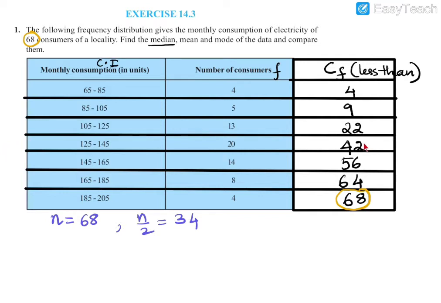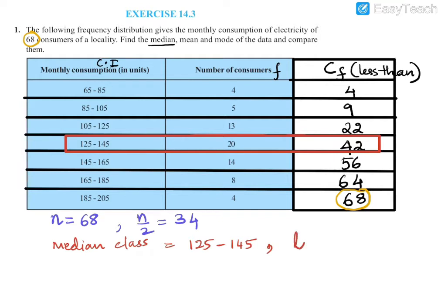So that is 42. So the median class is 125 to 145. So the median for this data will lie in this class interval, which means your final answer should be between 125 to 145.